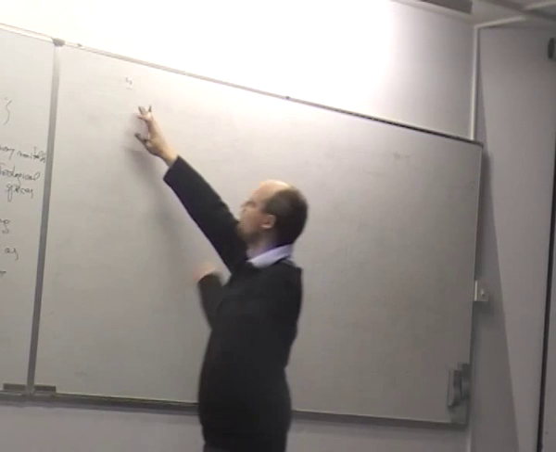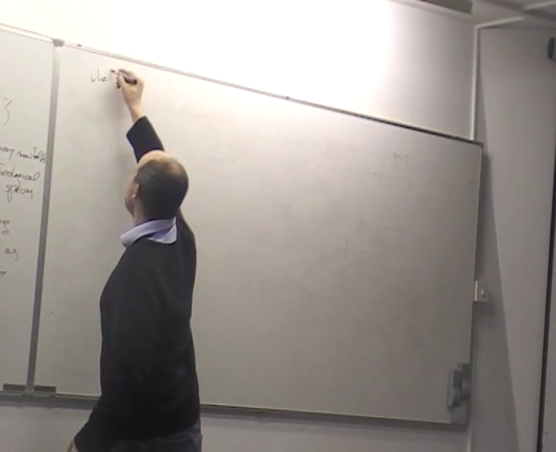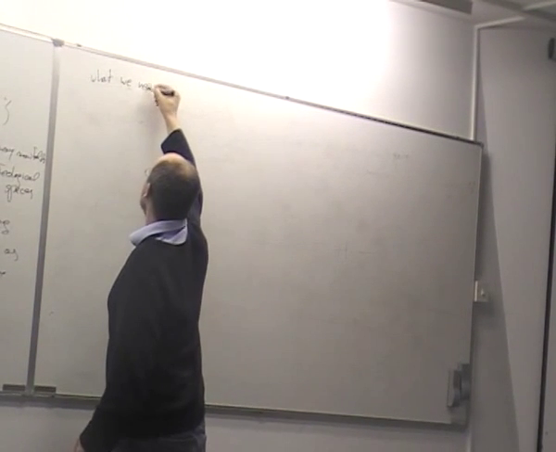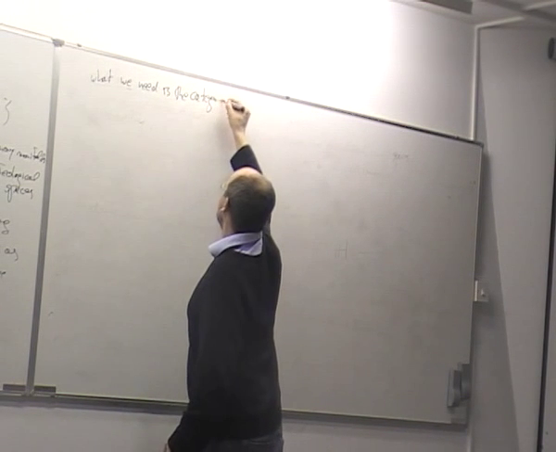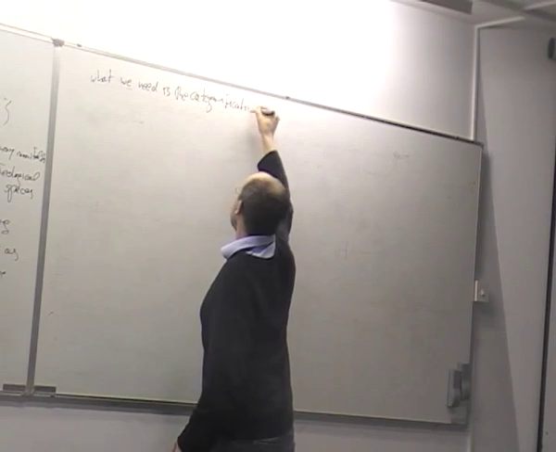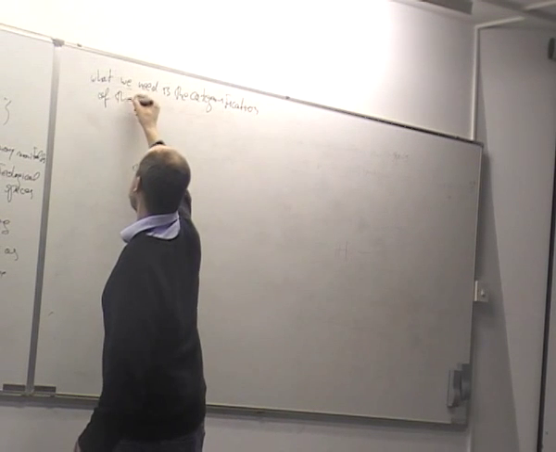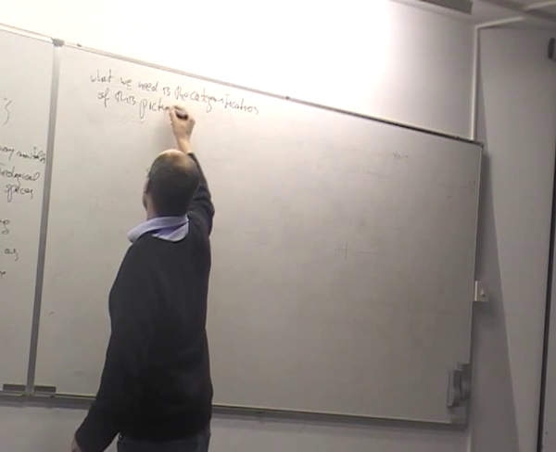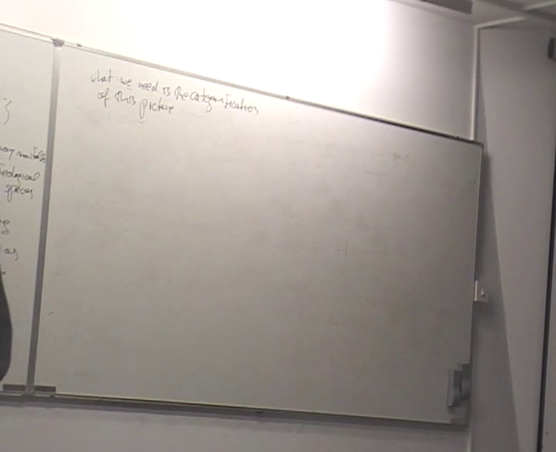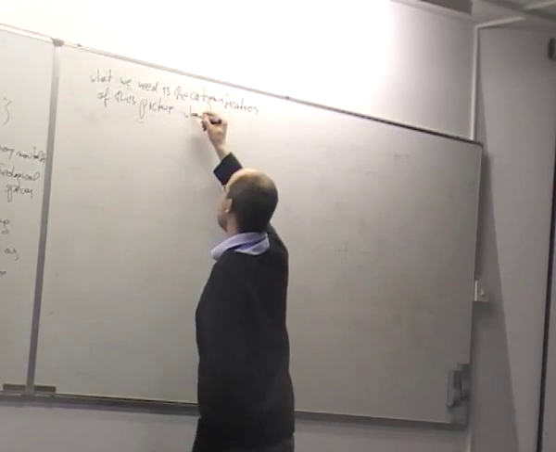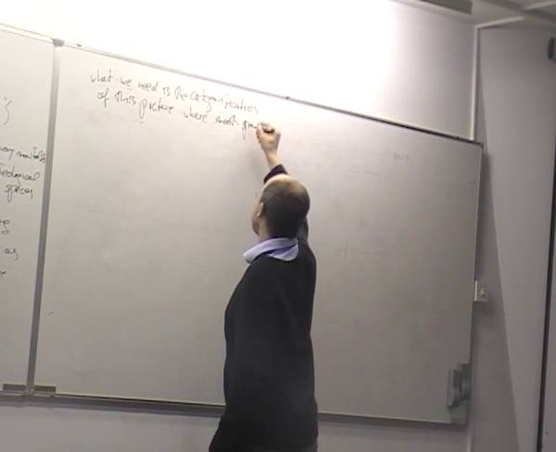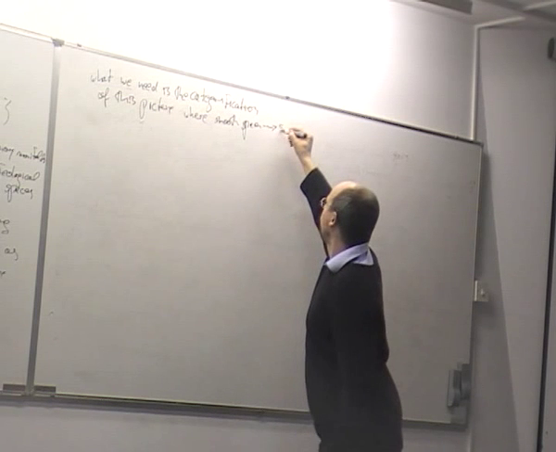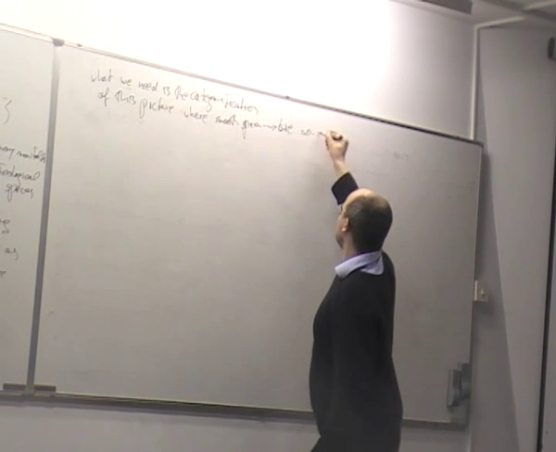So what we need actually is the categorification of this picture, where we don't just have smooth spaces, but smooth infinity groupoids, where smooth spaces go to smooth or Lie infinity groupoids.